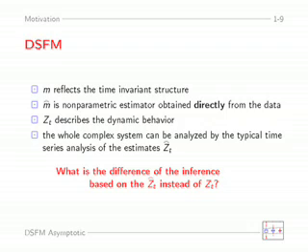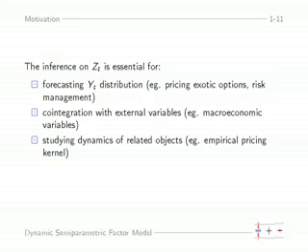So the question is, if this econometrician does his VAR estimation based on the estimated Z_t's, is he doing the right thing, as if I could give him the theoretical Z_t's? So that is one of the theoretical questions that we address here.